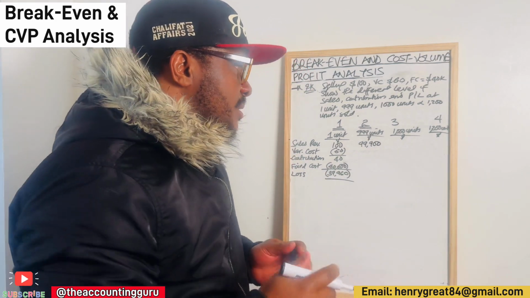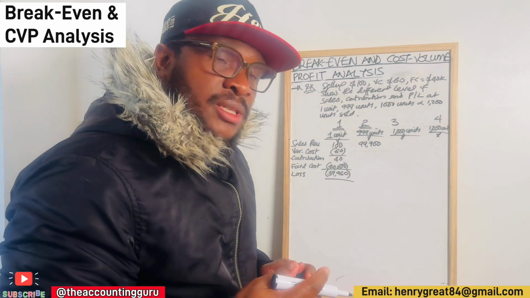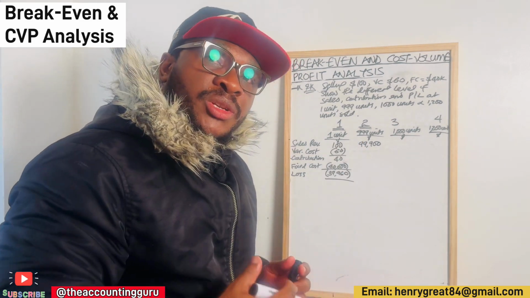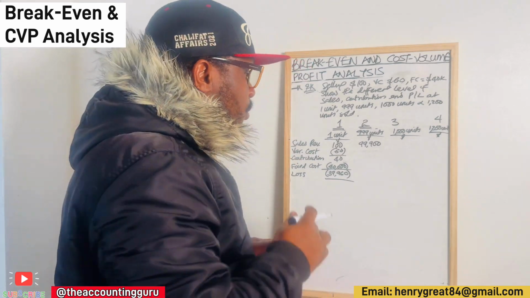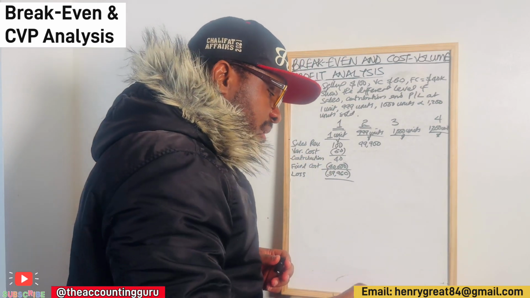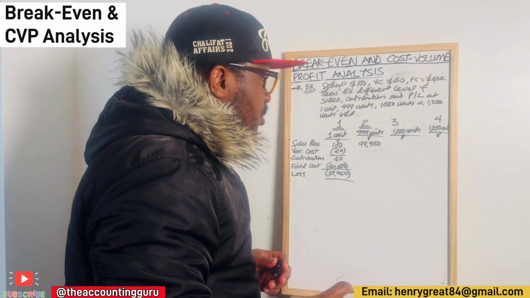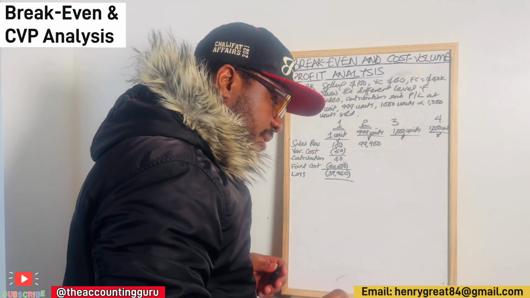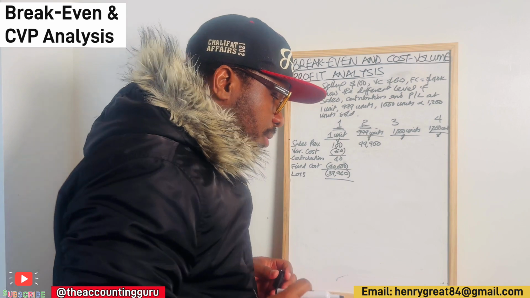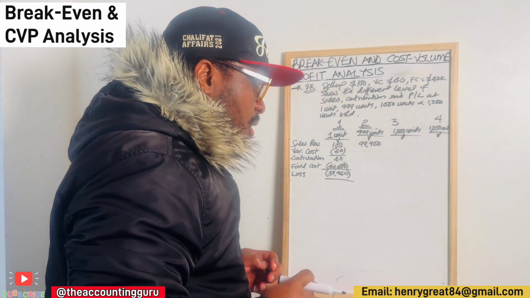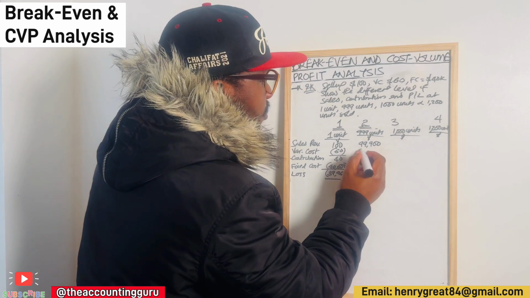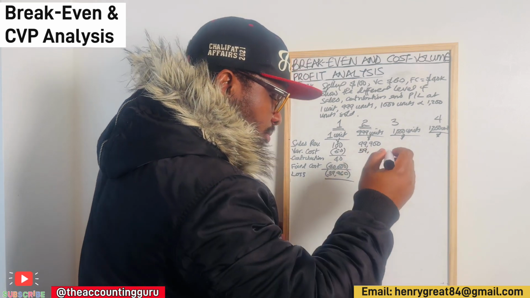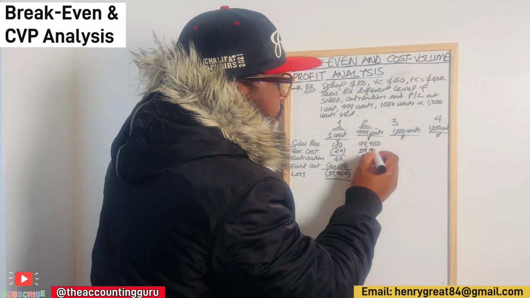What will be the variable cost at this point? It is expected that since units sold has increased, variable cost too will increase the same way sales revenue increased. So variable cost here will be 999 units sold times $60 per unit. So the total variable cost here is $59,940.